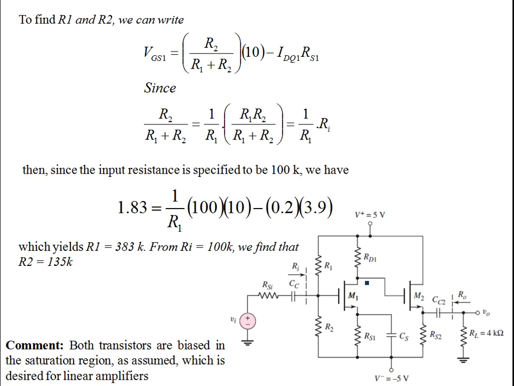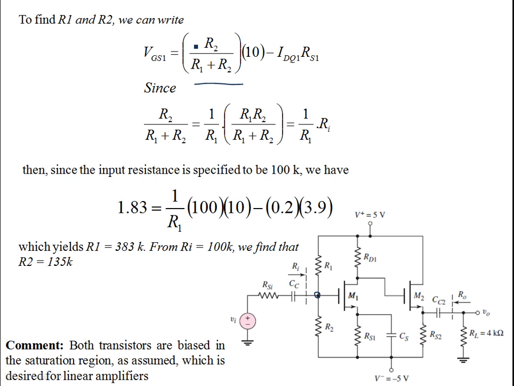From the voltage divider, you look at this circuit. The difference of V plus minus V is 10 volts. If you apply the voltage divider here, it is R2 over R1 plus R2, times 10 volts.